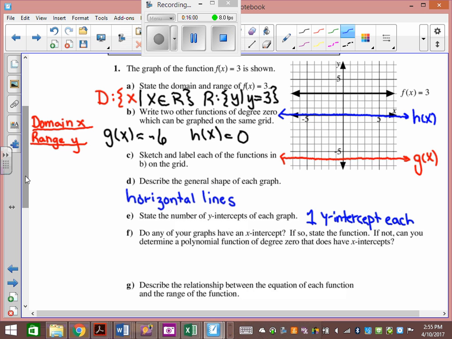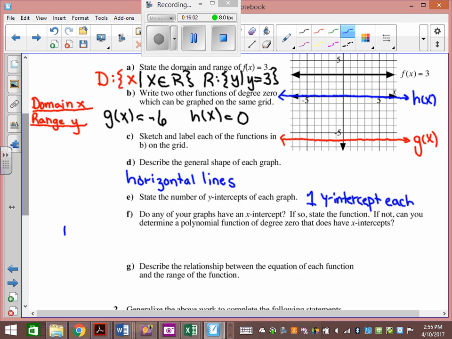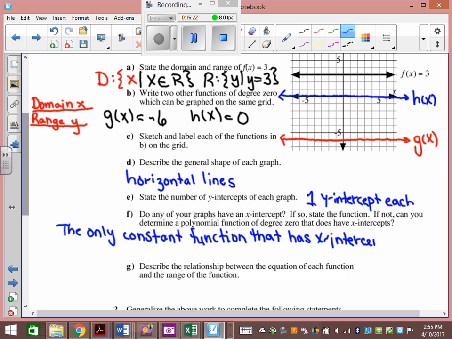So the only constant function that has x-intercepts is h of x equals 0.